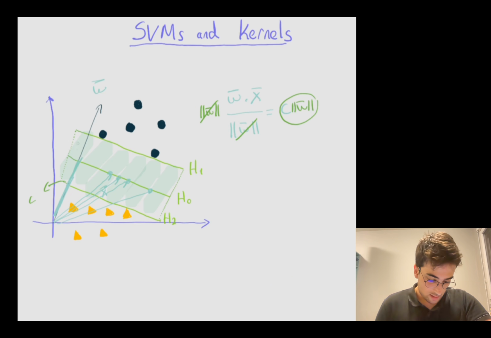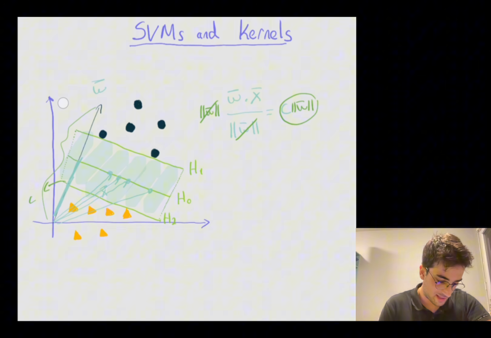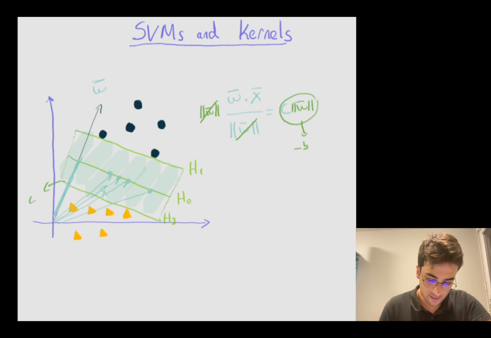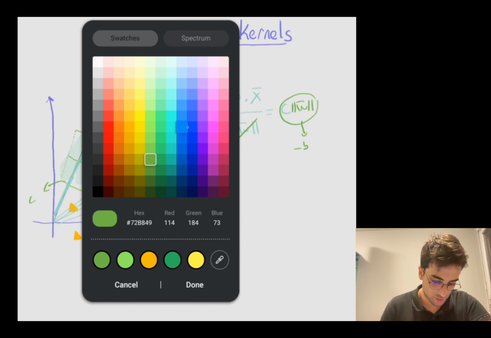And the magnitude of the W is also a scalar value, right? Let's say 7, something like that. It's a scalar value too. Okay, so we can give it a scalar value, let's say minus B, for mathematical beauty. I will show you in a second.